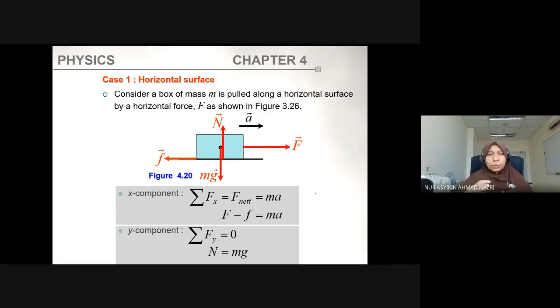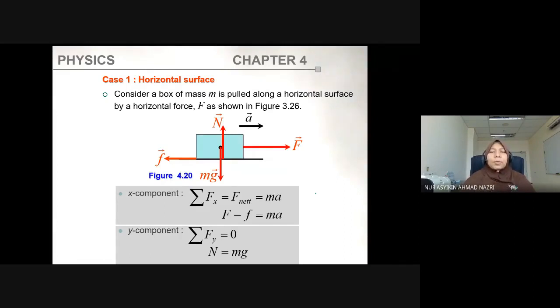Sebab apa equal to 0? Sebab dia ada atas plane tu. Dia tak ke atas, dia tak ke bawah. That's why saya kata normal and weight is not an action reaction pair, it's not the Newton's third law application.